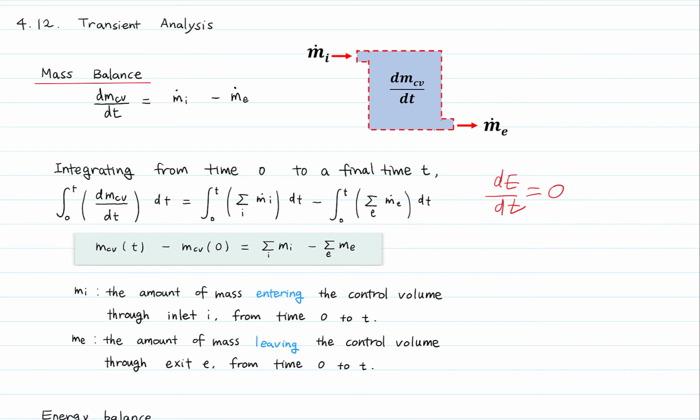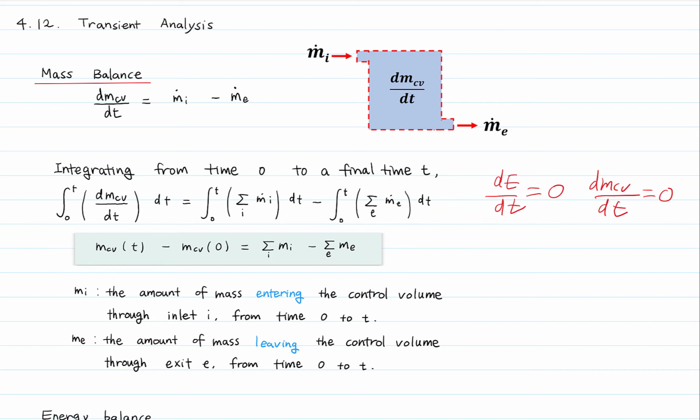Also, there is no change in the mass of the control volume with time. So dm_CV/dt equals 0 under steady state condition. So this greatly simplifies the analysis of open systems.